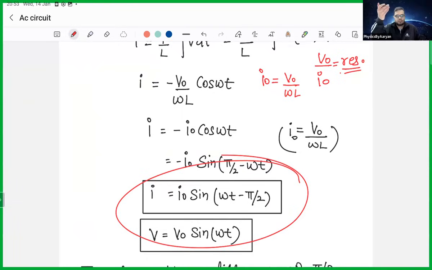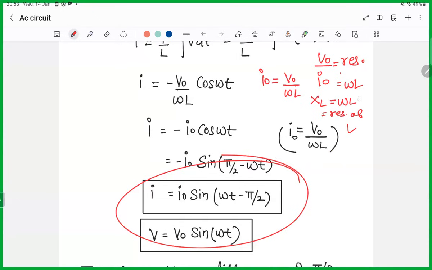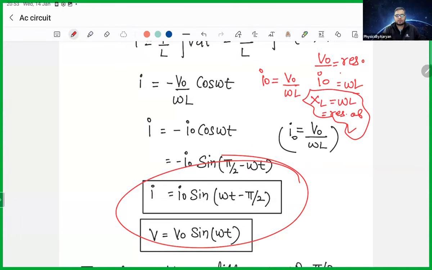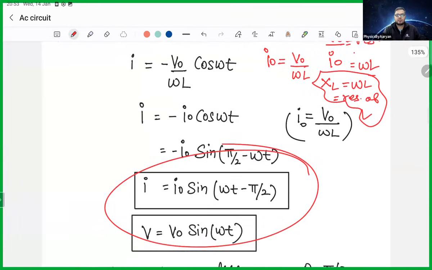Can I say V naught by I naught is the maximum resistance this system can offer? Yes, sir. And is this resistance coming out of omega L from this relation? V naught by I naught is omega L. And do I say that it is known as XL, and XL is equal to the resistance of inductor? Yes. Yes.